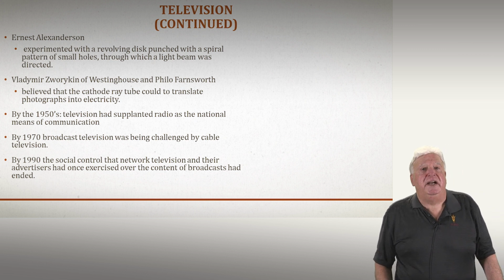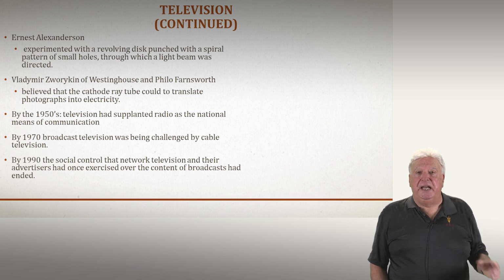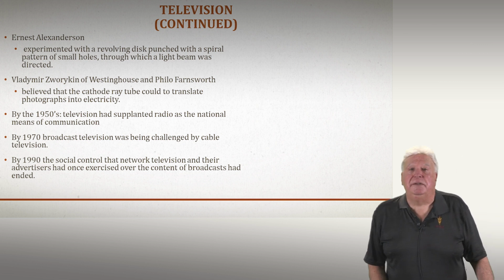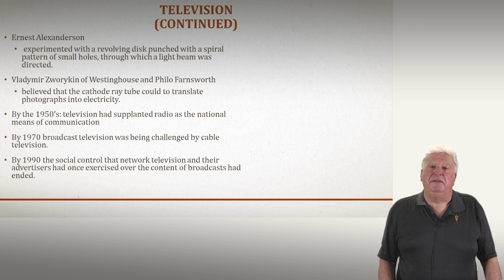He hoped that this device would be able to digitize images, turn them into a pattern of tiny dark and light spots, so that they could be transmitted into electrical signals by another device, called a photocell.